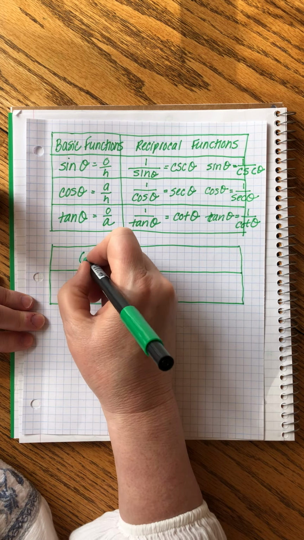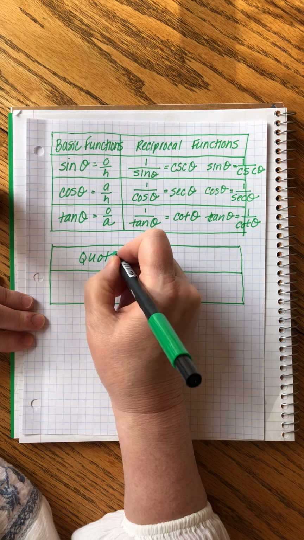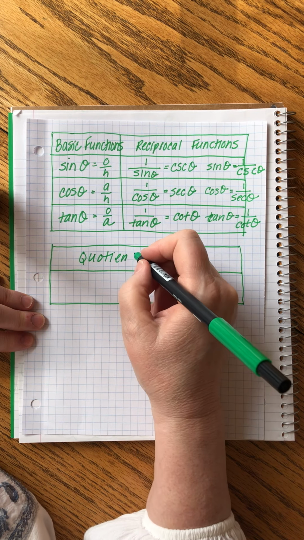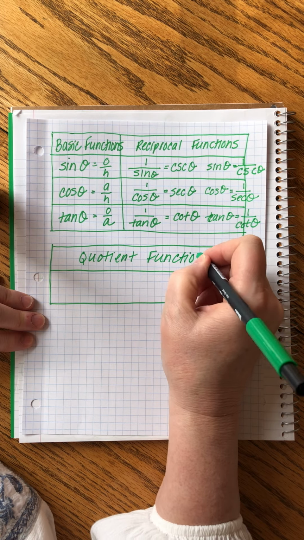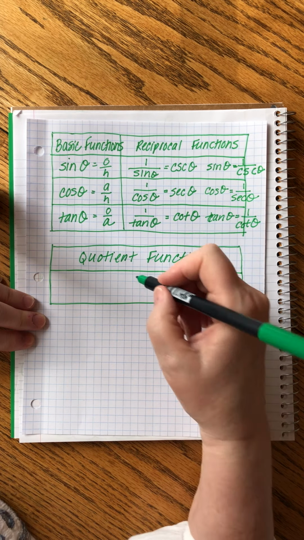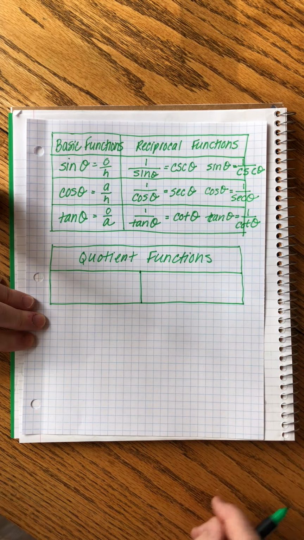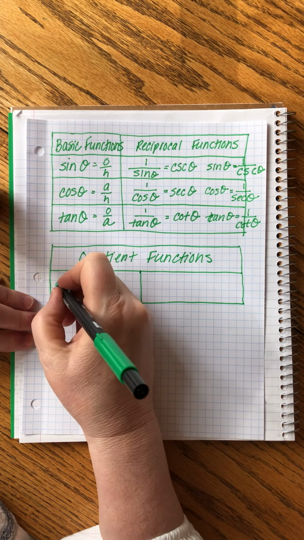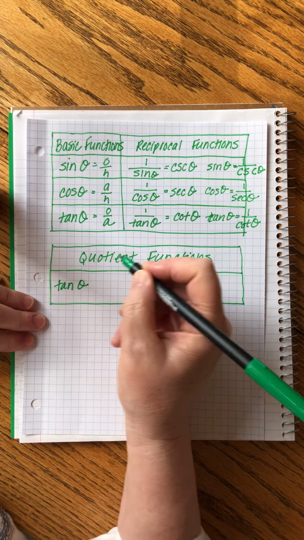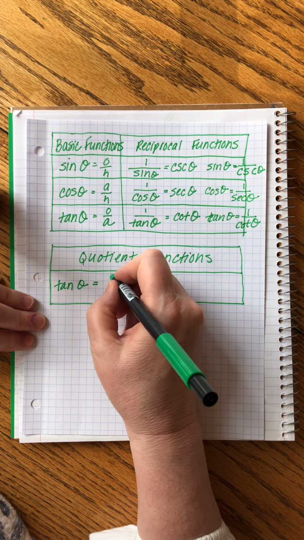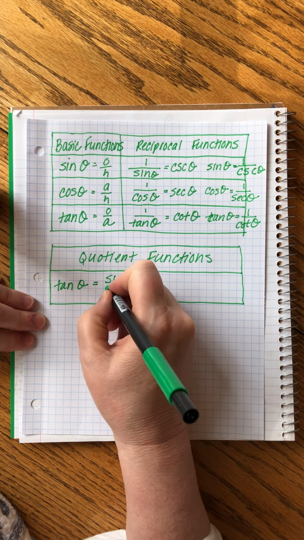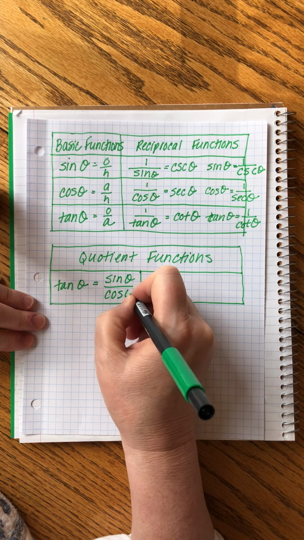This is called the quotient functions. Sometimes the names of these sound utterly crazy. Let's divide this box exactly in half. There's 2 versions of this. The tangent of theta, which we know is opposite over adjacent, can also be written as sine of theta over the cosine of theta.